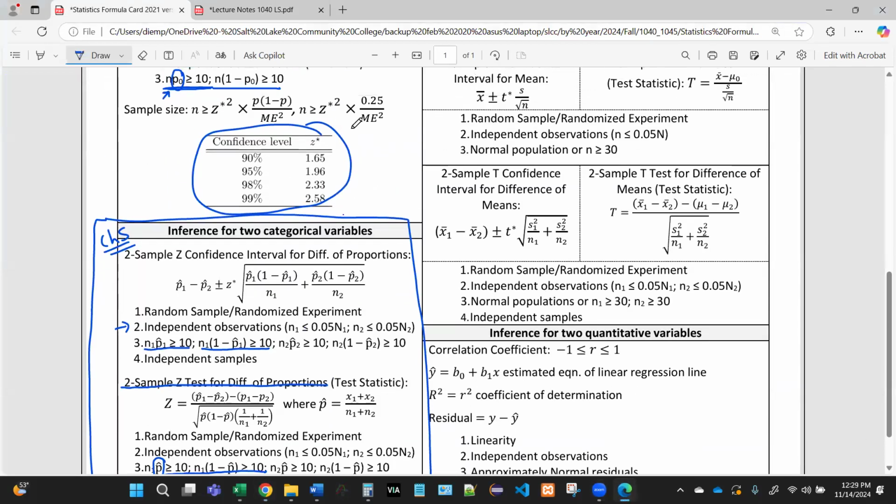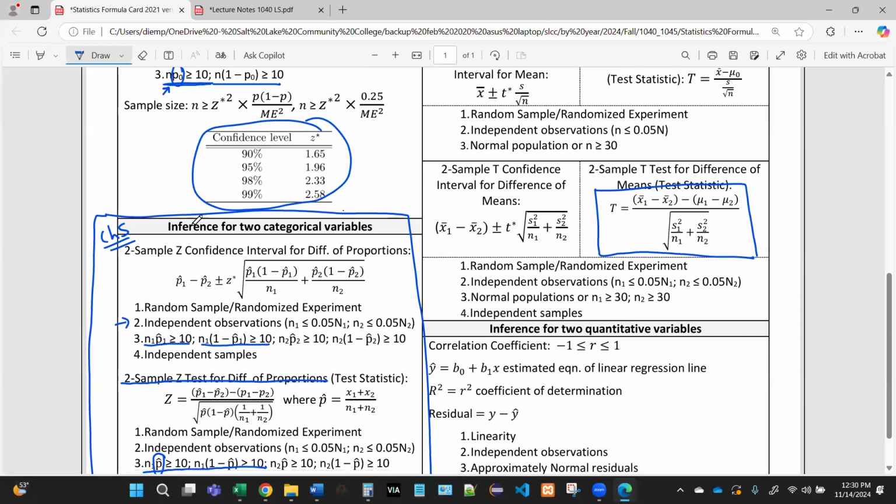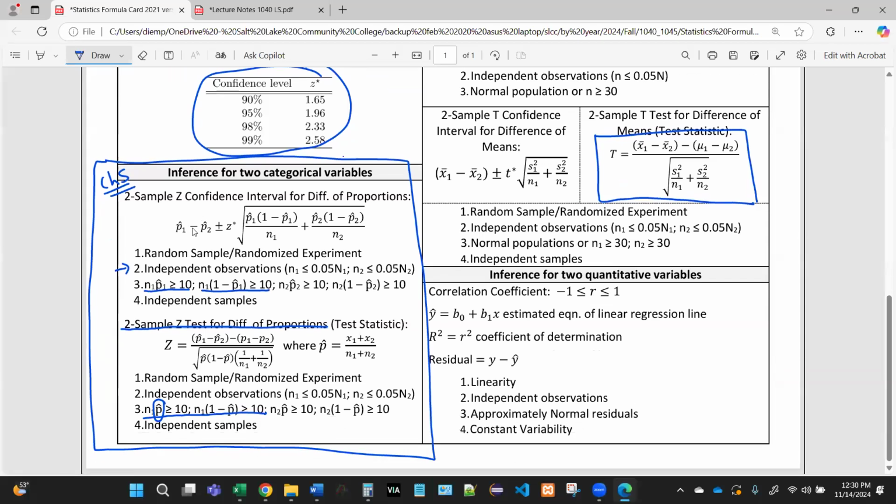I forgot to point this out for the confidence interval. There's a formula for the test statistic. Oh, whoops, I'm looking at the wrong section. It's right here. There's a formula for the test statistic. It's a z-score. So we look at the difference in the two point estimates minus the difference in the null values, and then we divide by the average standard deviation.